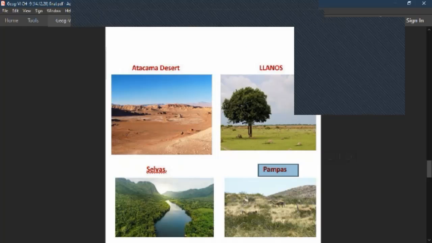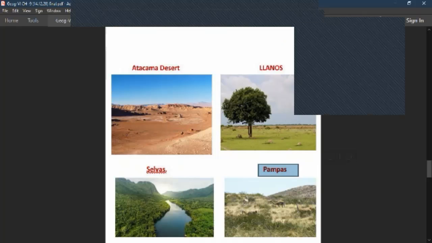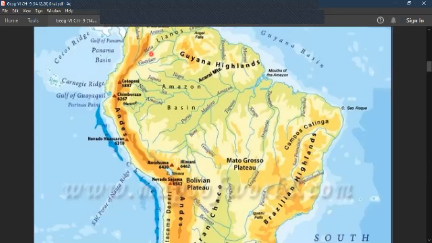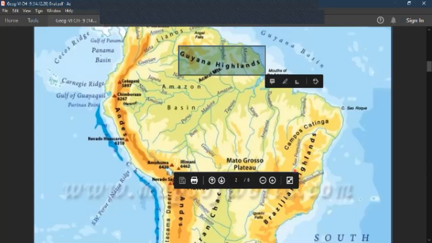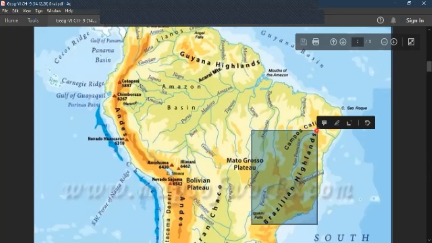Now, we will discuss the fourth physical feature, which is the Eastern Highlands. The Guiana Highlands and the Brazilian Highlands form the Eastern Highlands. These two highlands are separated by the Amazon River.